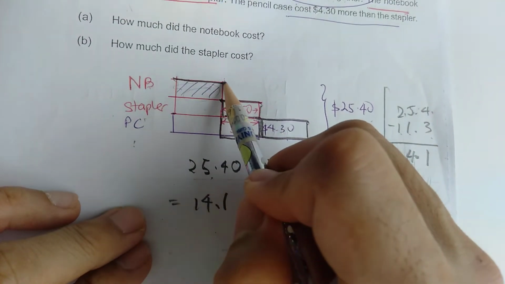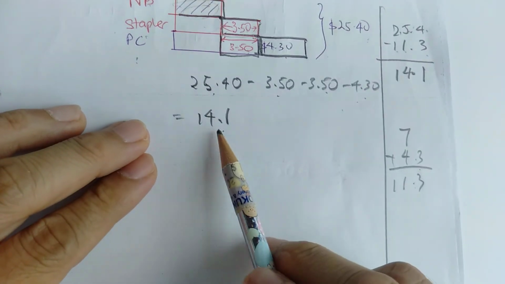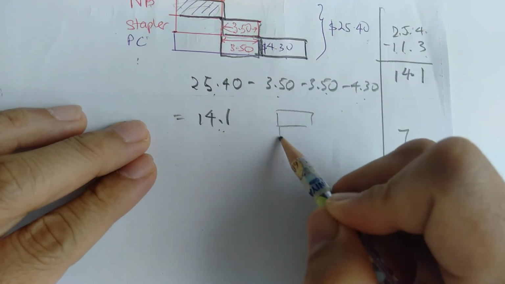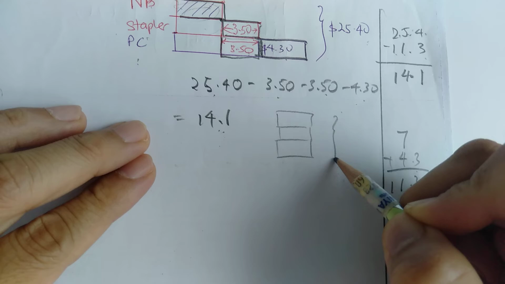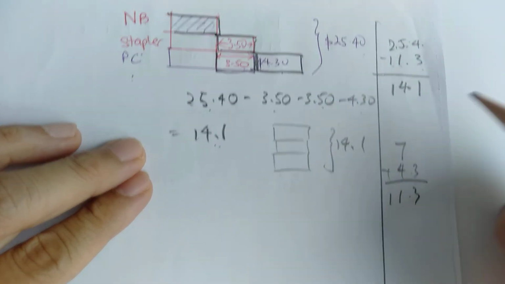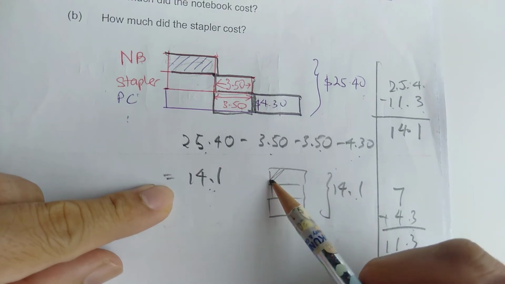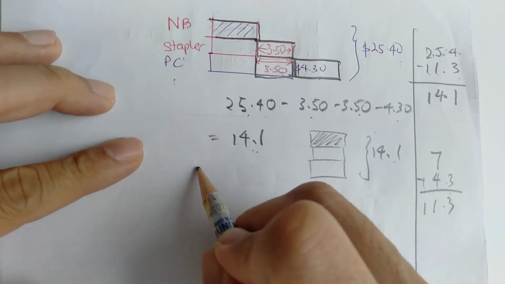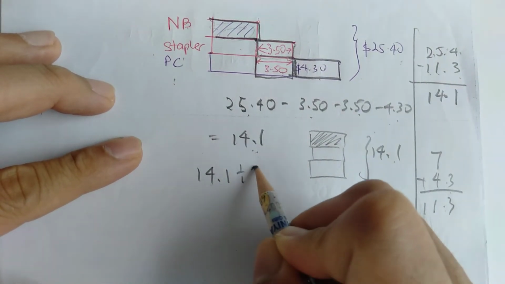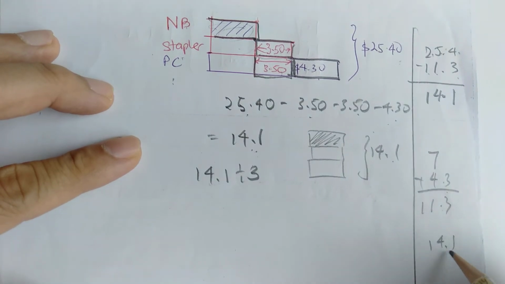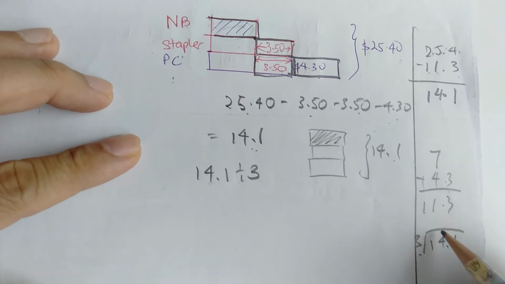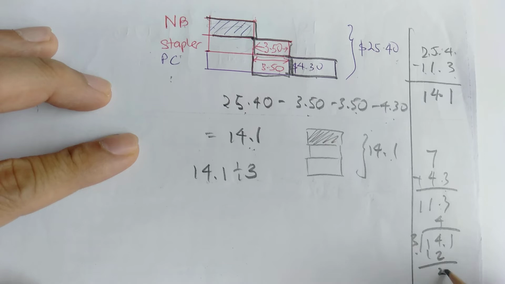Notebook. I need to find out what is one part. So this means that your 3 part, don't have to draw this, okay? Now you have done this. It means this 3 part is now 14.1. What is one part? Very simple. 14.1 divided by 3. 3 times 4, 12.